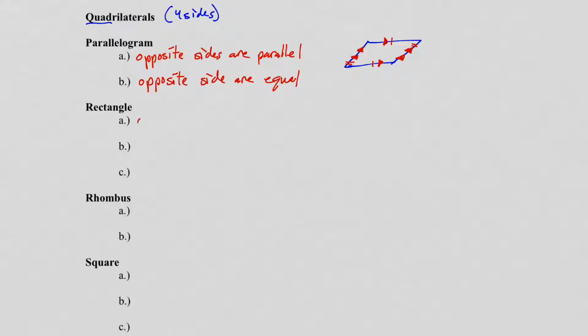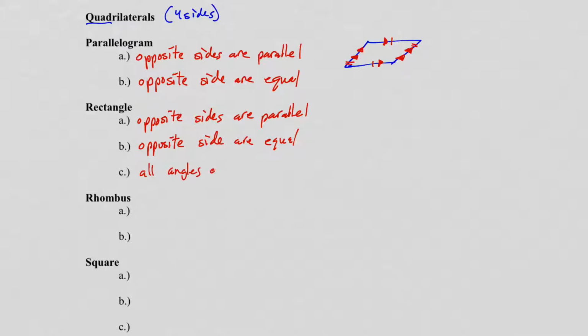Rectangle has opposite sides parallel. Opposite sides are equal. So this meets the requirements of a parallelogram. However, one specific to the rectangle is all angles are right angles.